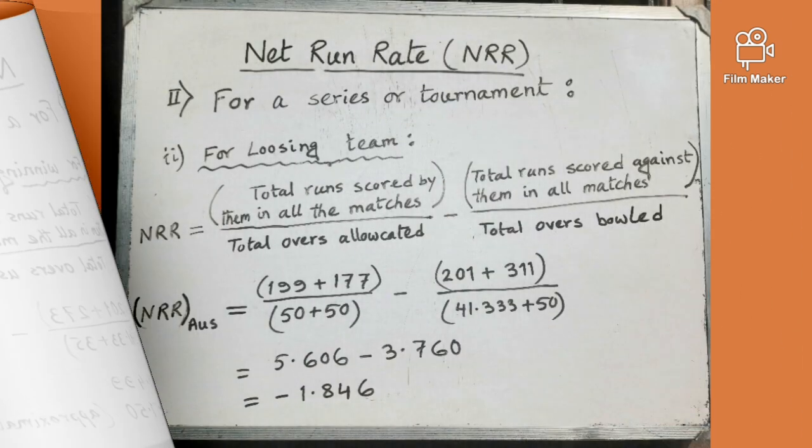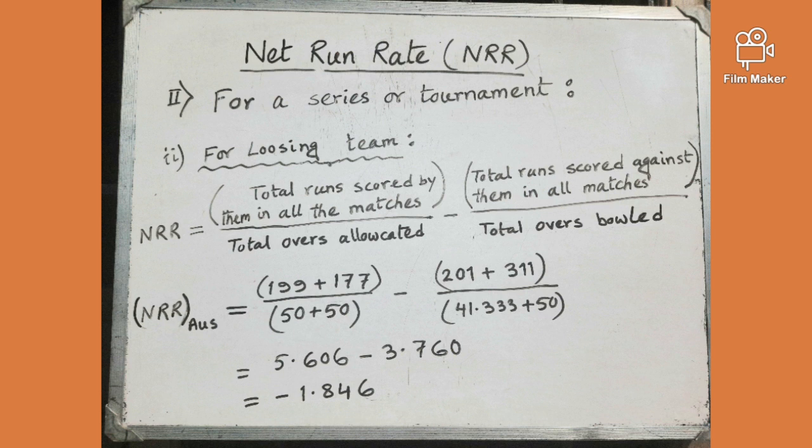Now let's move to the losing team, where net run rate is calculated as total runs scored by them in all the matches divided by the total overs allocated, minus the total runs scored against the team in all the matches divided by total overs the team had bowled.